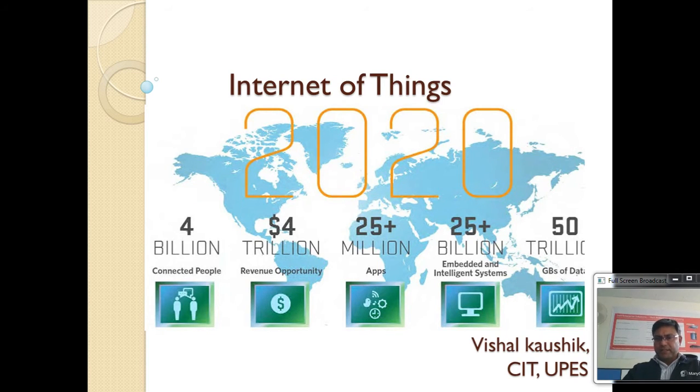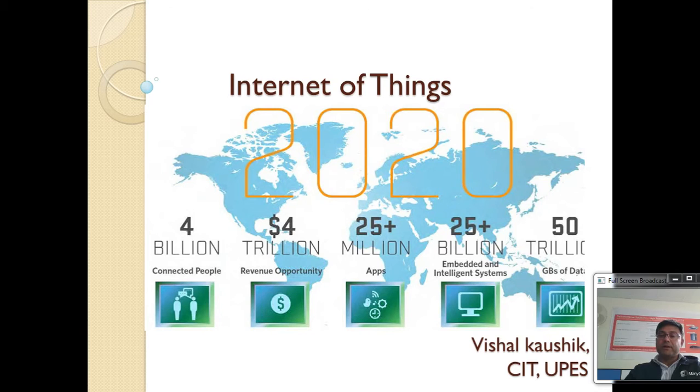These companies can be any. There would be 25 million plus apps, 25 billion plus embedded or intelligent systems that would drive the entire show of the IoT business, and 50 trillion GBs of data packets would flow.